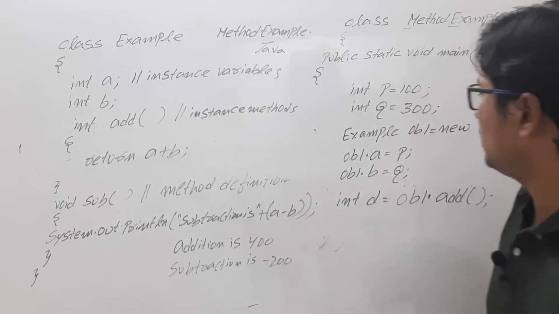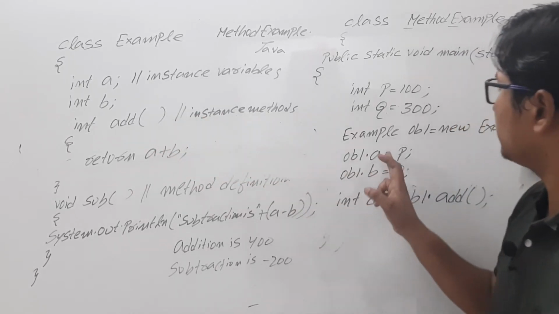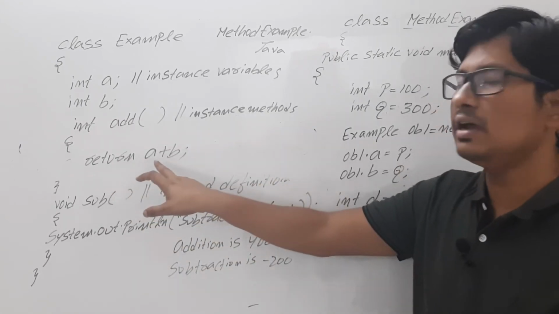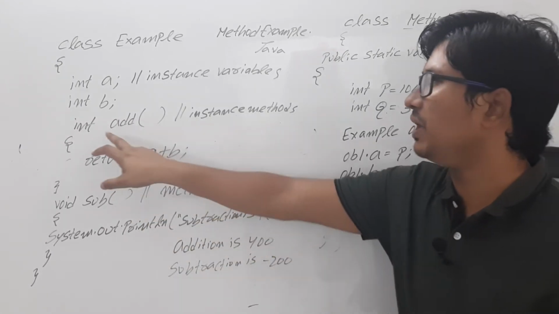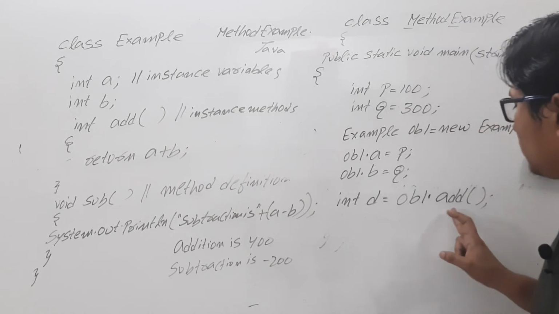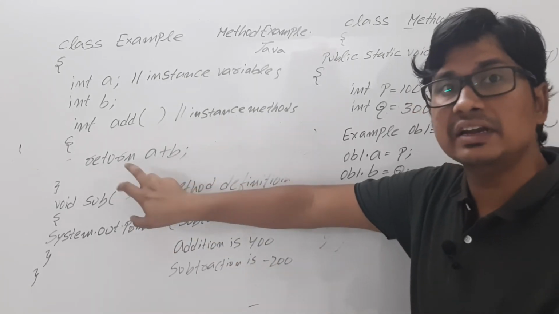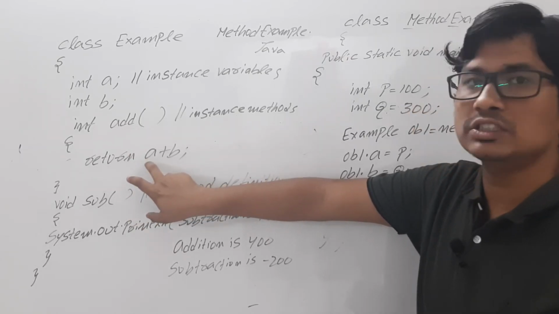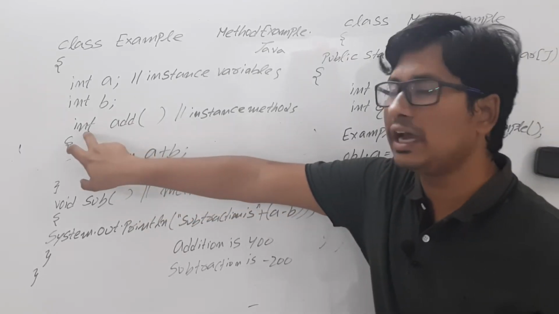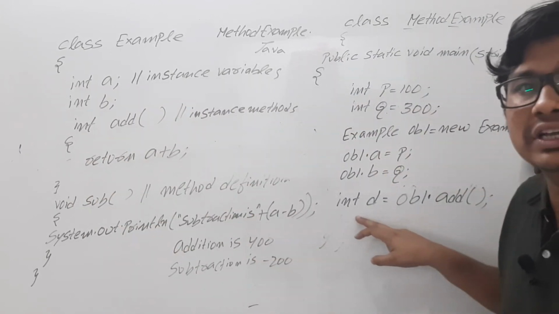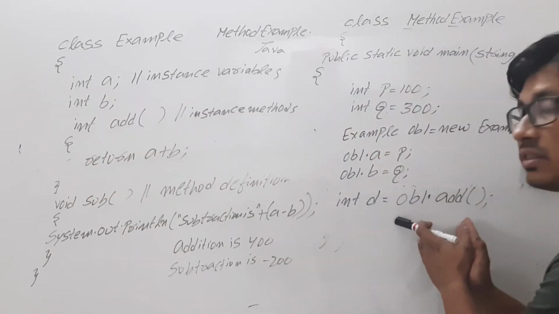A is having the value 100, B is having the value 300, so it returns 100 plus 300. Whenever you call the method using an object, it will return an integer constant. What integer constant will it return? 400. That's why I have specified the return type as int. So that value is stored in the variable d, because this method is returning an integer value.